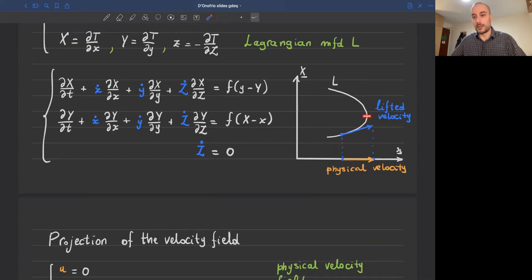What I mean is that each of the two branches of this solution can be described independently as the gradient of some P. There is one P for this one and one P for this one.